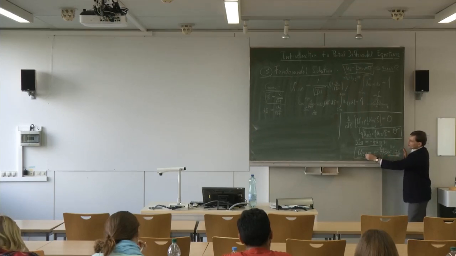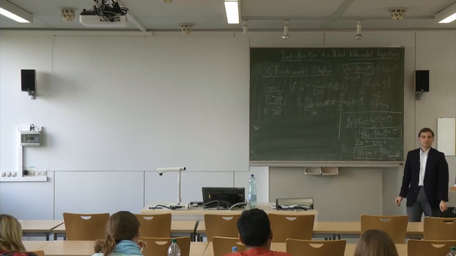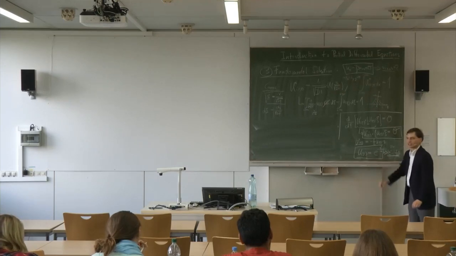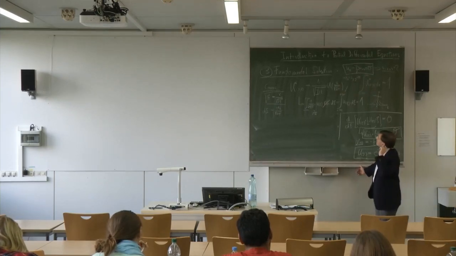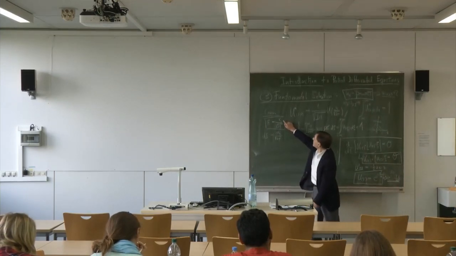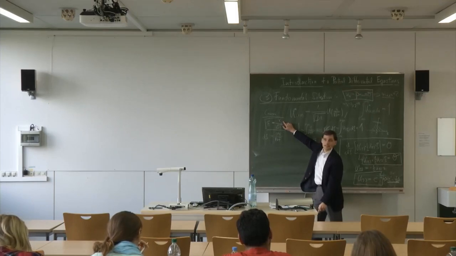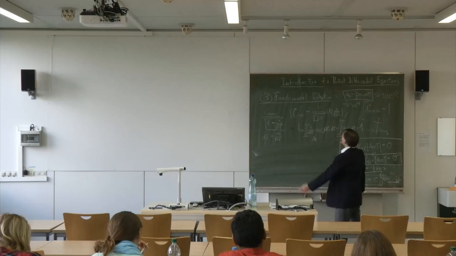Okay, we got a function of xi. Well, we are not interested in u of xi, right? But take a look at what xi is. Xi is defined as x over the square root of dt.